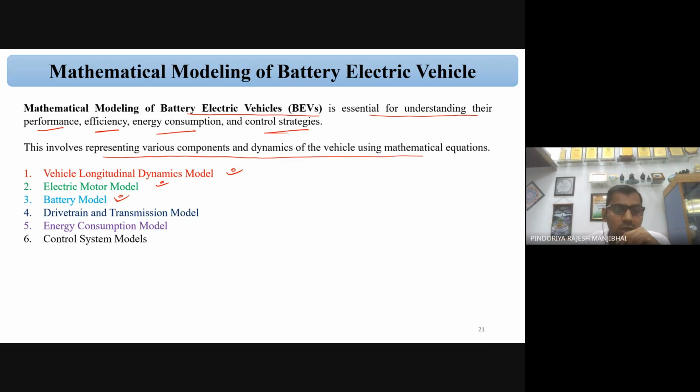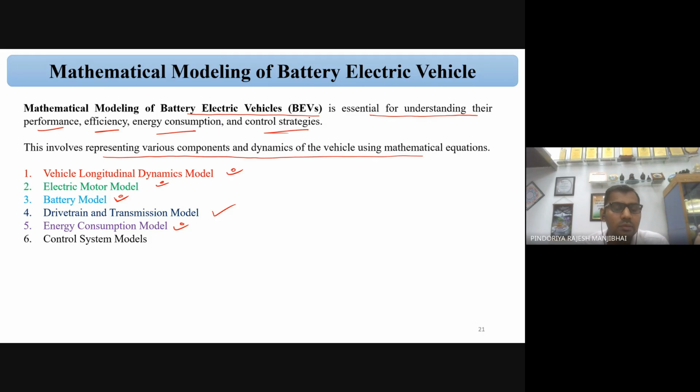We also have to analyze the battery model, drivetrain, and the transmission model. We have to see the drivetrain: how you transfer the electrical power to mechanical power and ultimately the mechanical power to the wheels, correct? How we can transmit this power is the energy consumption model.